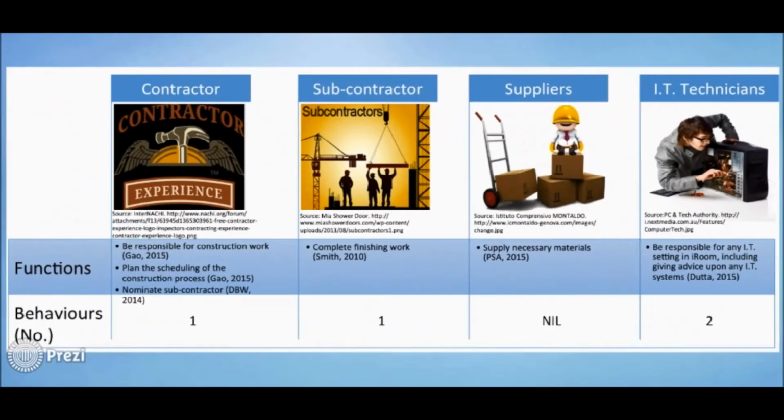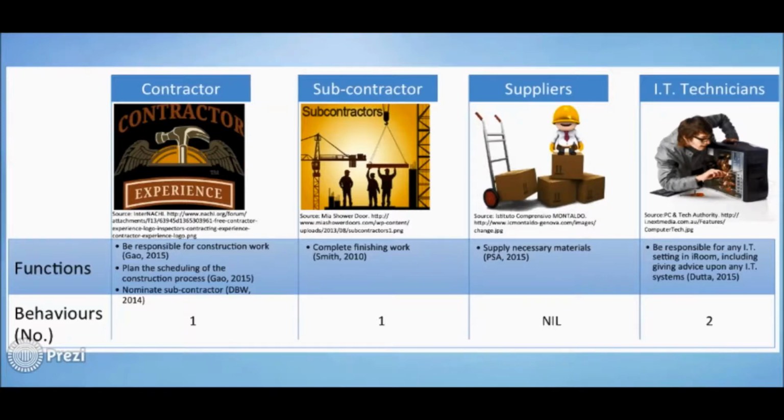For the construction aspect, there are mainly 4 stakeholders: contractor, subcontractor, suppliers, and IT technicians. The functions of the contractor are to be responsible for construction work, plan the scheduling of the construction process, and nominate subcontractors for the finishing work. The behavior of the contractor is 1. For the subcontractor, the function is to complete the finishing work, and the behavior is 1.